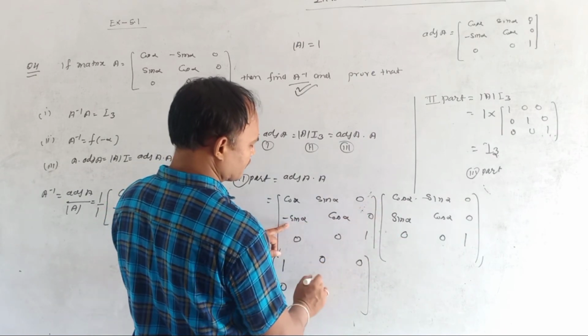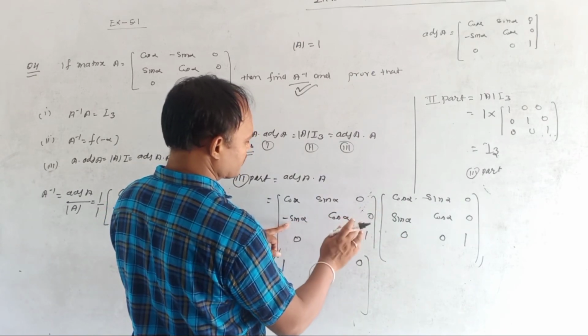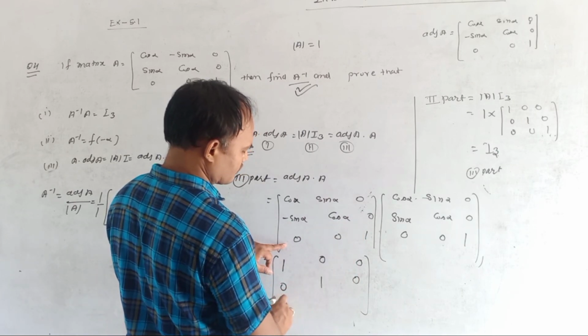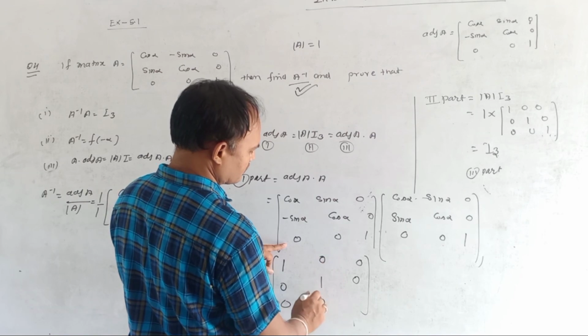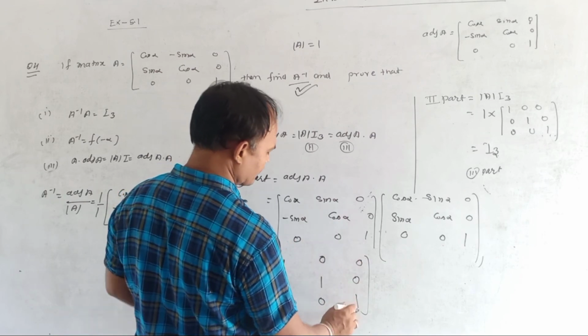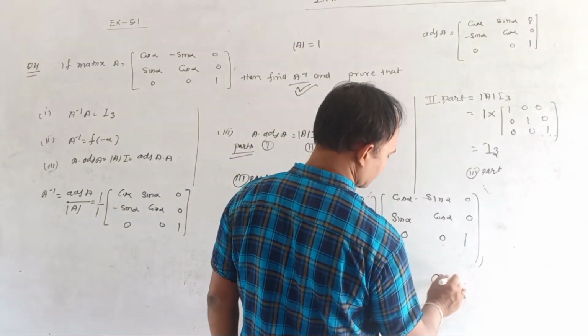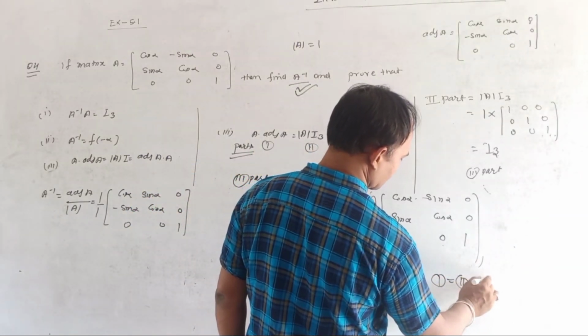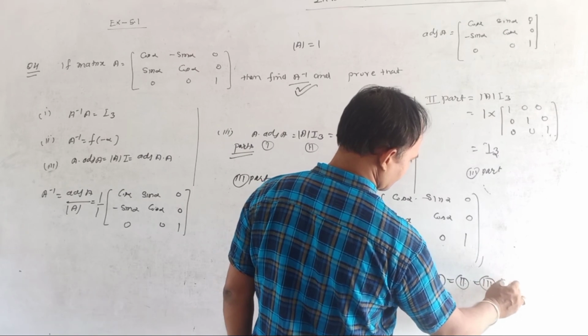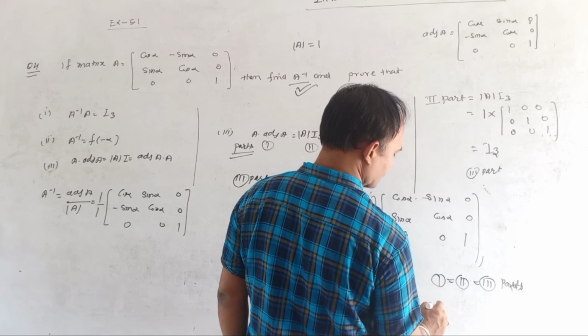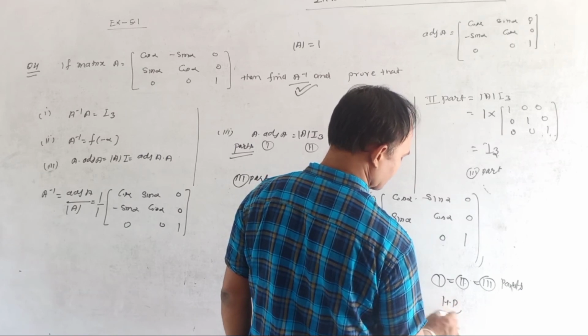Sin square alpha plus cos square alpha is 1, and the remaining entries are 0. What about here? It is 0, 0, 1. So we can say that it is also I3. So the first part equals the second part equals the third part. Hence proved.